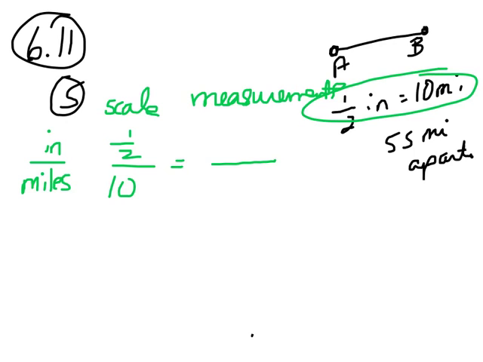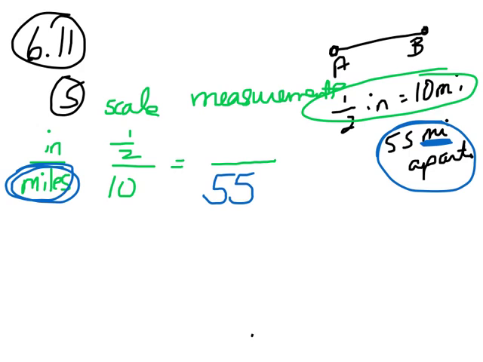In this case, instead of finding the miles like we've done in other problems, somebody has measured and found that the distance is 55 miles apart. So we're looking at miles here. Notice that miles go in the denominator. Before, we've had the miles part missing and we were trying to find it. But here we know the miles are 55.